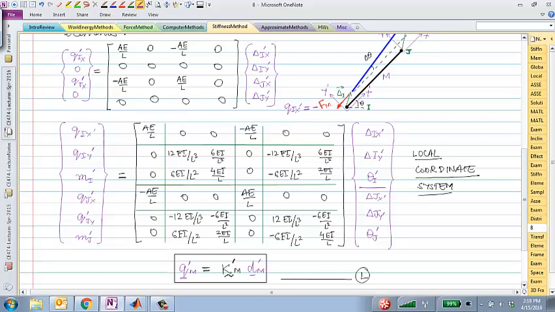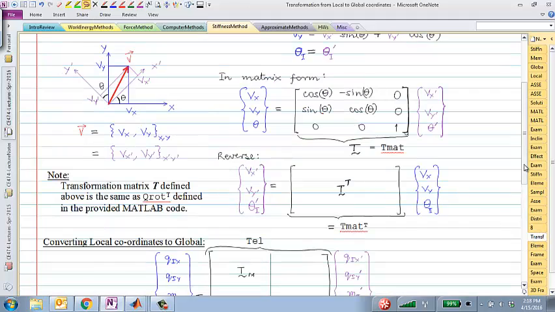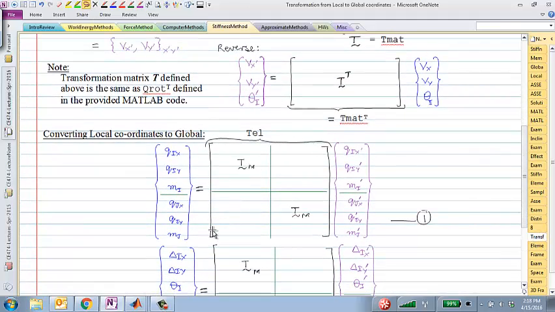They are 3 for one node and 3 for another node. So just like for the truss problem, we can write a bigger transformation matrix that takes my 6 cross 1 vector from local to global. And of course, the off diagonal is just 0.